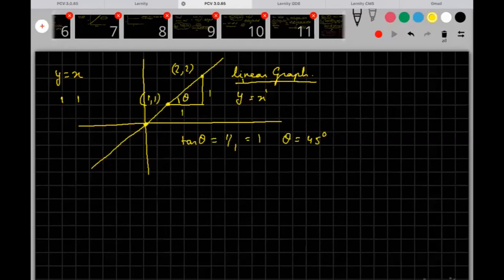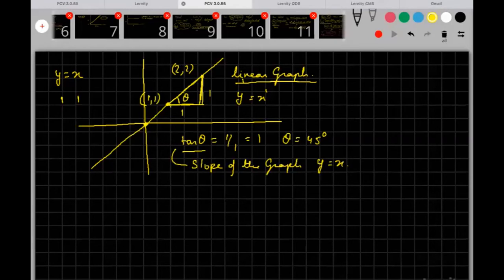So when I differentiated this, can I say this tan theta will give you the slope of the graph y is equal to x. Slope is how slopey it is. So it is tan theta.